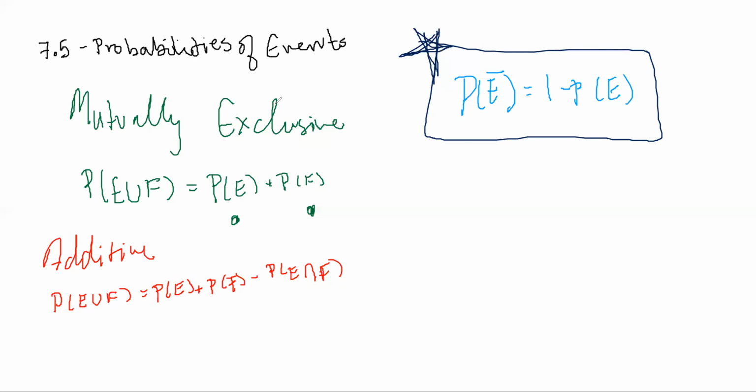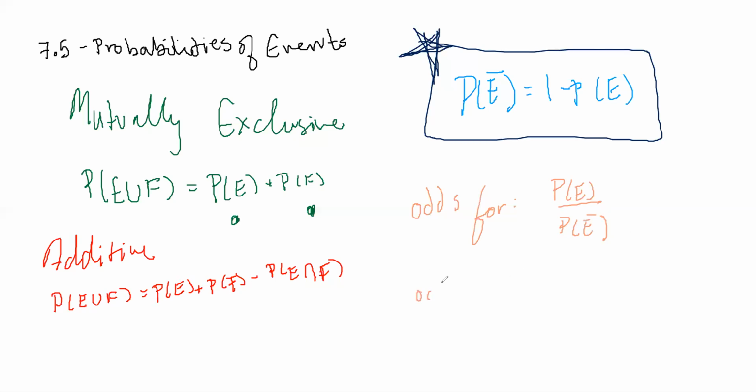This section also contained odds for E and odds against E. So odds for something is the probability of E over the probability of E not.